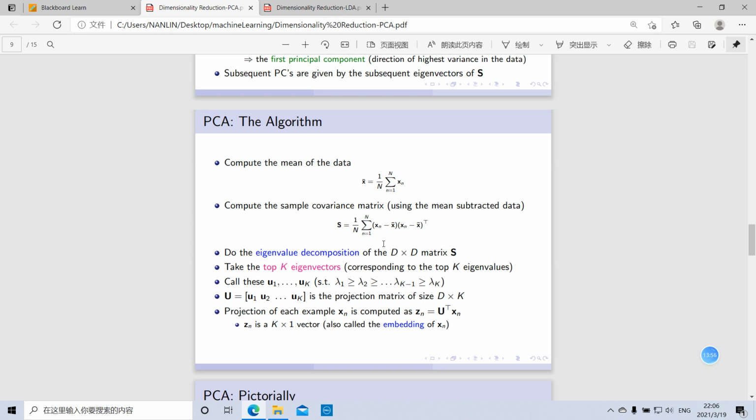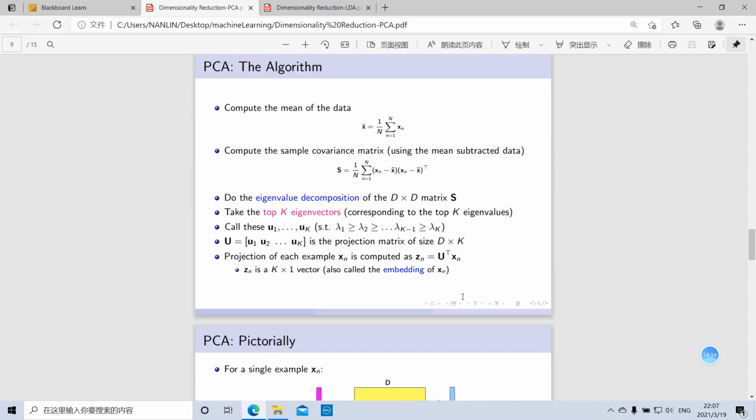So now we have a list of components U1 until UK. The eigenvalues will be in descending order. The first one will be more important, then the second one, and finally number K. So U becomes a projection matrix with size D times K. You can see originally we have D times D, now we have D times K.